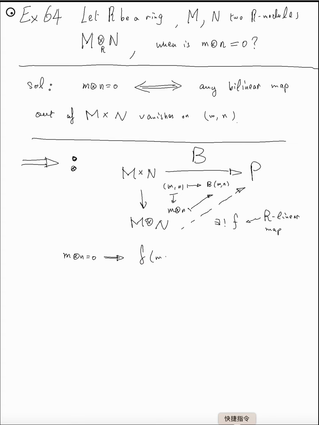So F of m tensor n would be F of 0, equals 0, but this is also B of m, n, and so B of m, n is vanishing for whatever B. If you want to call this F_B, it means first I give a bilinear map, and I give you a unique F_B, a linear map of R modules.